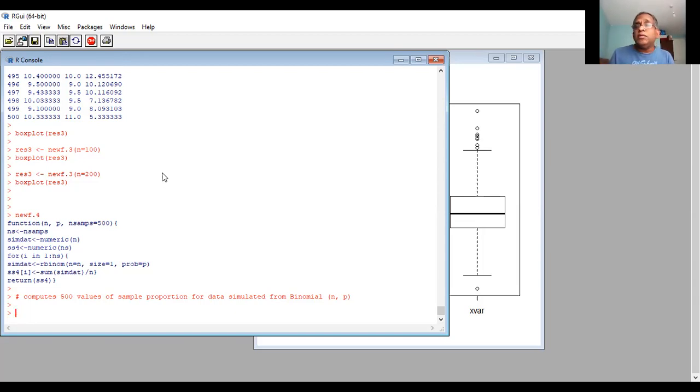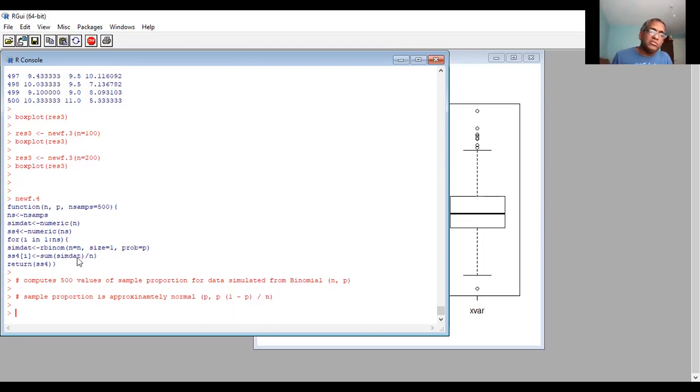I don't know whether you guys remember that one of the results that I mentioned in the video on the binomial distribution is the following. Let me write this: the sample proportion is approximately normal with mean equal to p and variance equal to this.